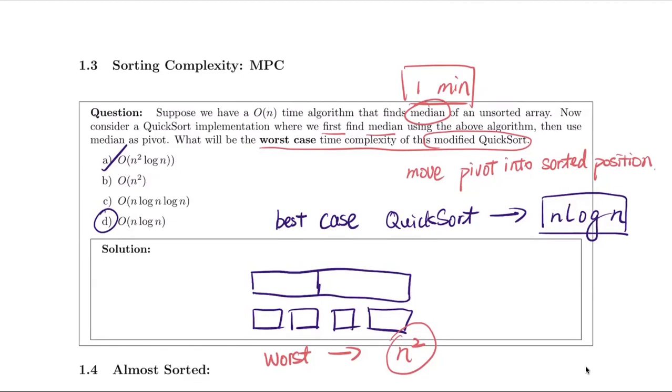D is correct if we only consider the quicksort itself. So D is the best case of the modified quicksort. The question is kind of vague, so I think A and D are both valid answers.